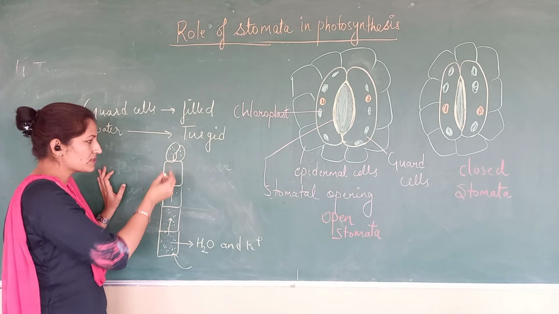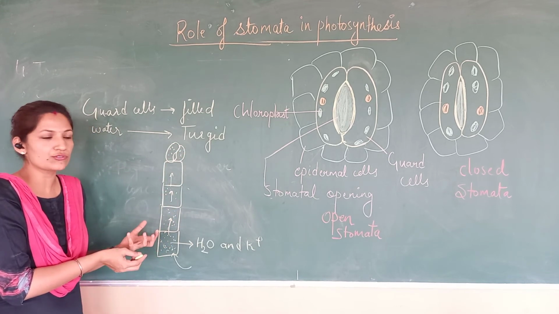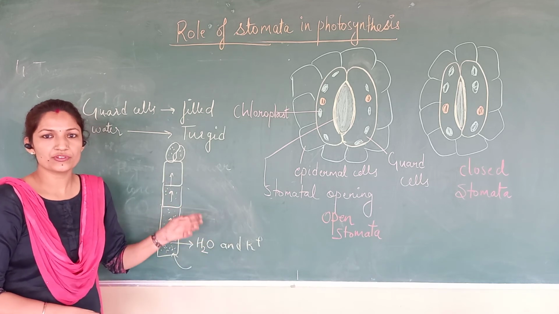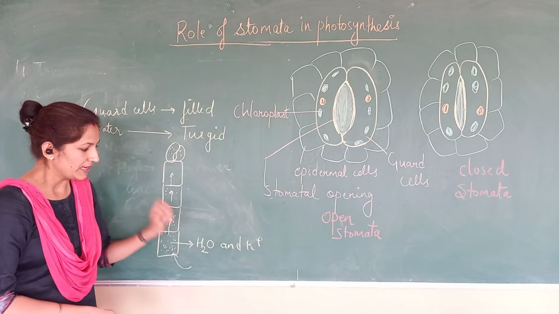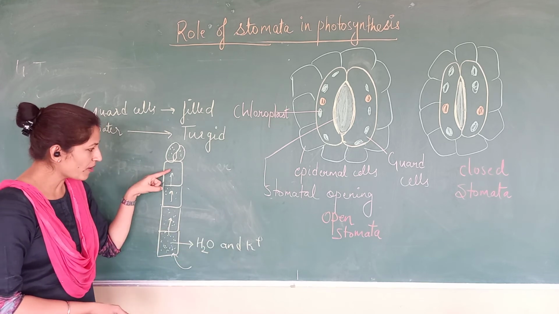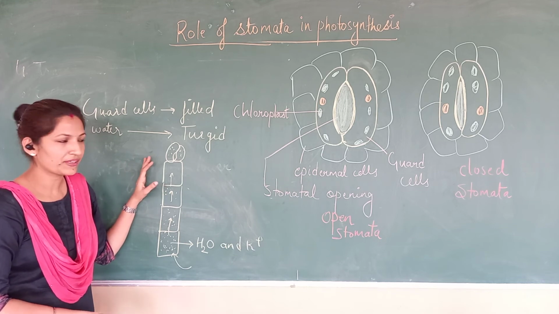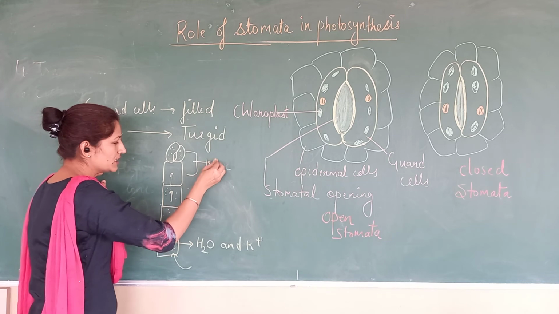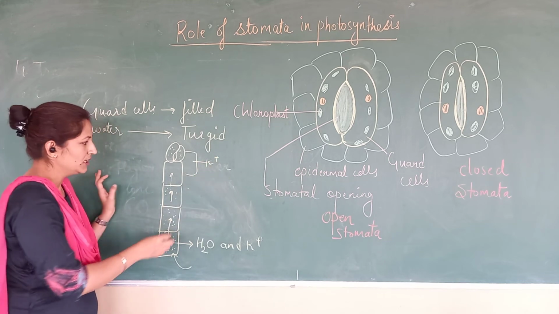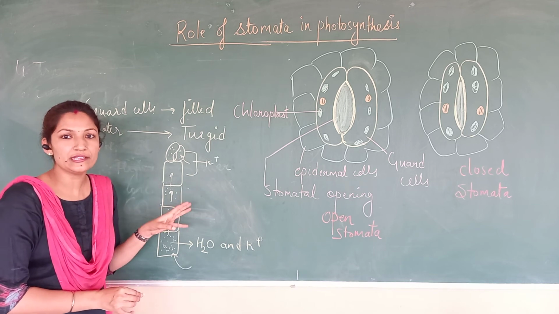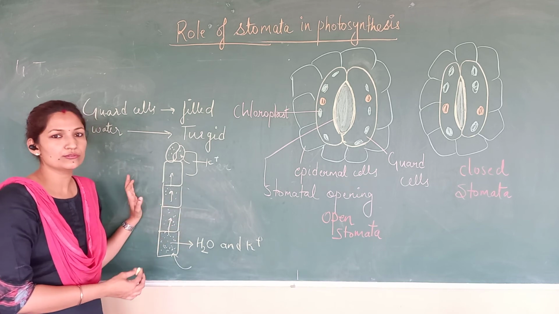Okay, and this entry of water is due to the concentration difference which is created by intake of potassium ion from the surrounding cells. I'll repeat, surrounding cells के पास potassium ion की concentration ज़्यादा होगी and this will be taken by the cells that will facilitate the entry of water into the cells.